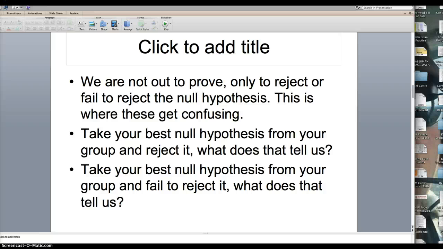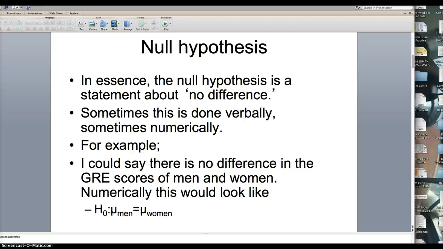If we reject the hypothesis, then we're suggesting that statement where these two things are equal is not true. So, for example, if I reject this statement that the GRE scores of men is equal to the GRE scores of women, if I reject that, then basically we're putting a hash mark through that equal sign and we're saying that they are not equal.